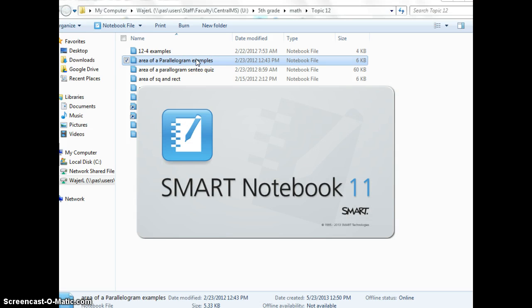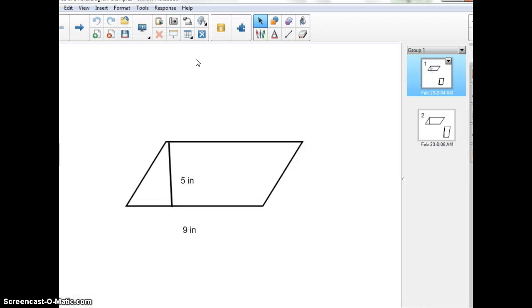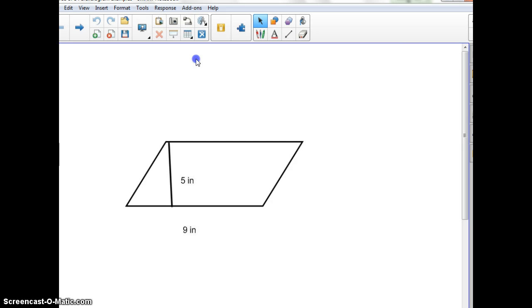Here we go. Let's take a look at some examples of parallelograms and try to find their area. Most of these you'll be able to do in your head today, but if you can't, you can always write some notes down off to the side. Okay, my first parallelogram. The information is given.